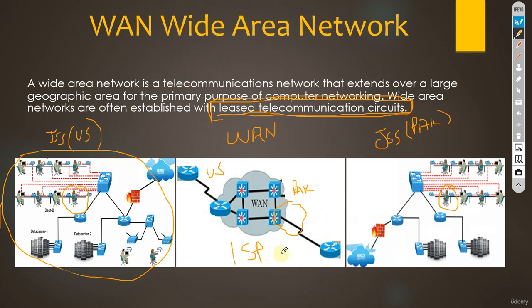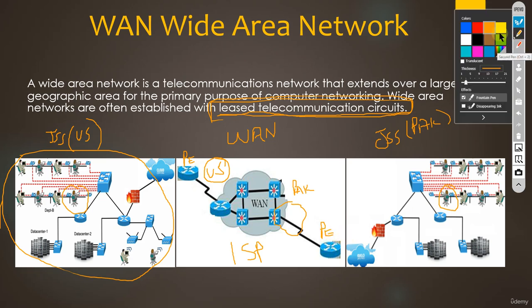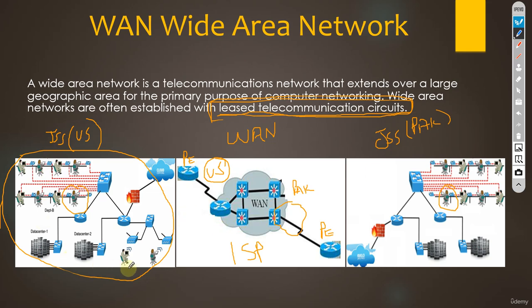Okay, so this enterprise network will connect with the US service provider with the help of, usually, routers. The routers that sit in the service provider are known as provider edge, PE routers. And this is also a provider edge router. And the router that exists in our enterprise network, let's suppose this one, will be the customer edge router, CE.